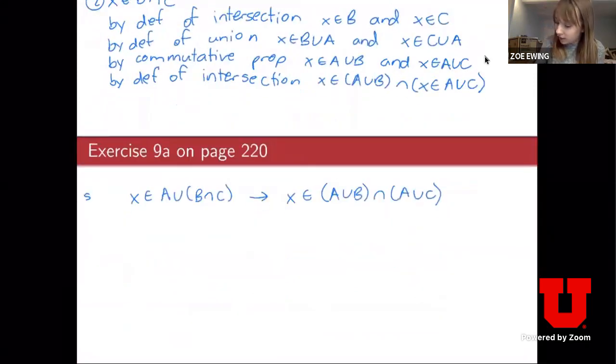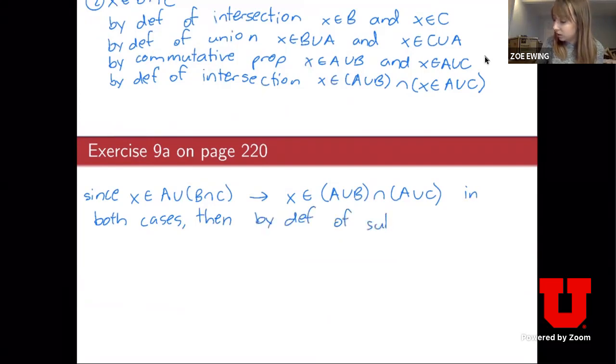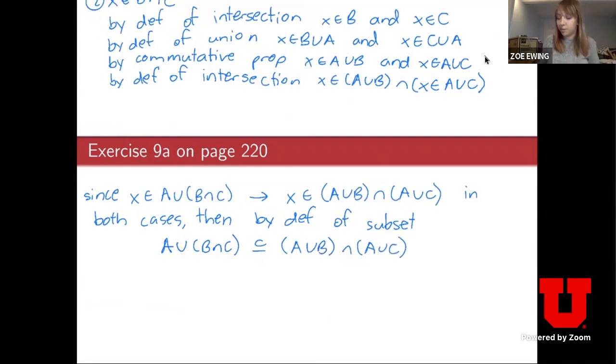So we're just going to say, since we know that this is true, and you usually want to reference in both cases, then by definition of a subset, A union with B intersect C is a subset of A union B intersect A union C. All right, are there any questions on that process, how we did that element-wise proof?